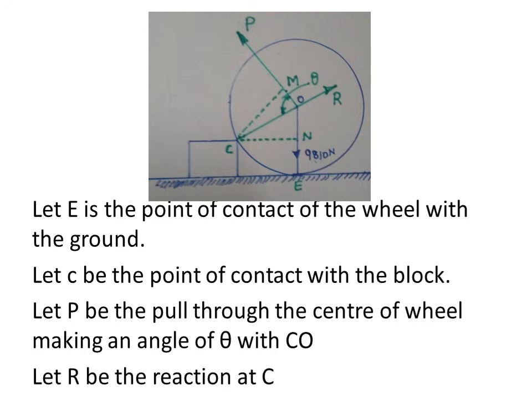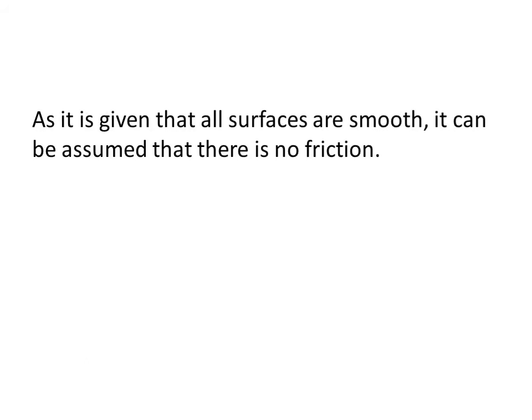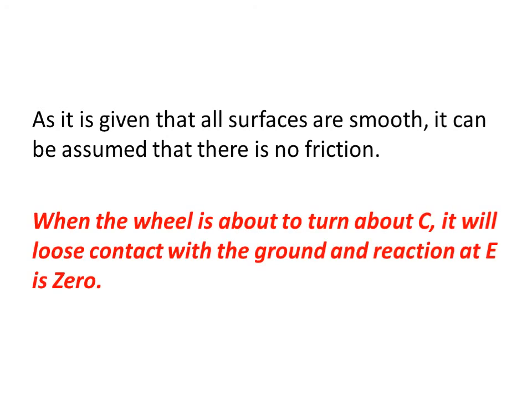Let R be the reaction at C. As it is given that all surfaces are smooth, it can be assumed that there is no friction. Here one important point is when the wheel is about to turn about C, it will lose contact with the ground and reaction at E is 0.